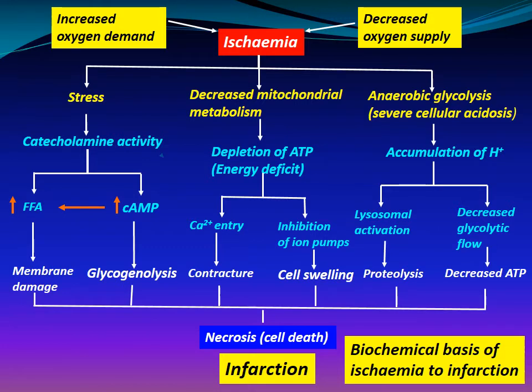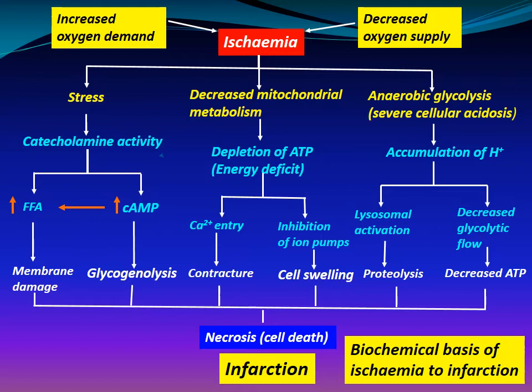The schematic diagram or flow chart illustrates the biochemical basis of ischemia to infarction. Ischemia occurs due to increased oxygen demand or decreased oxygen supply or both.